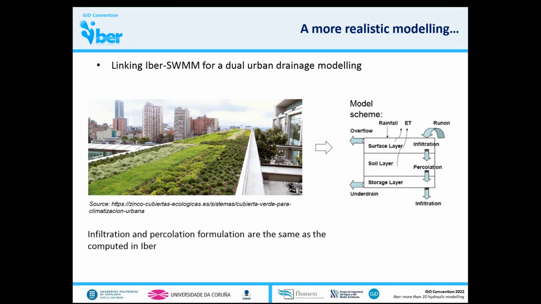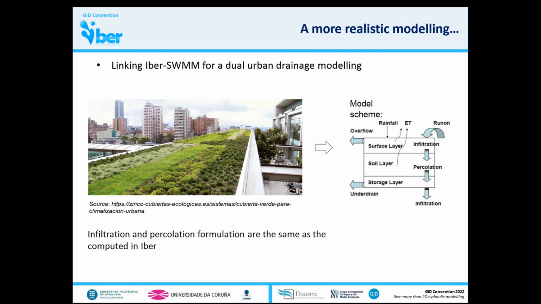Additionally, the use of green infrastructures such as green roofs is becoming more and more common to mitigate the effects of flooding in urban areas. Nowadays, hydraulic modelers demand software that can implement these green infrastructures in 2D models. To satisfy that demand, new models to simulate the impact of green infrastructures have been implemented in Iber-SWMM.